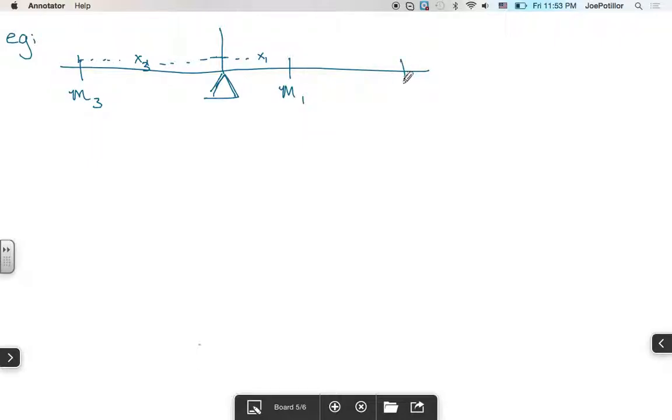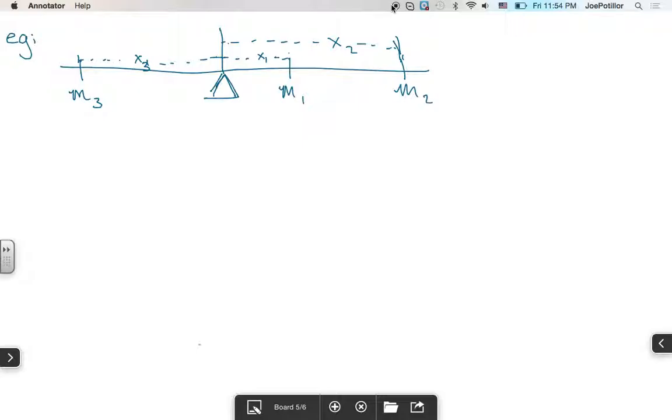Of course we have here m2, and the distance from here to there is x2. Supposed to be straight lines, but you'll have to deal with my horrible drawing.